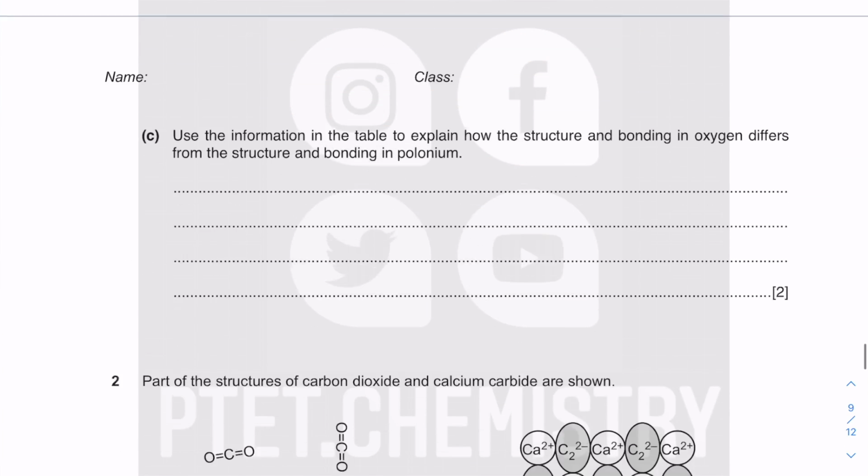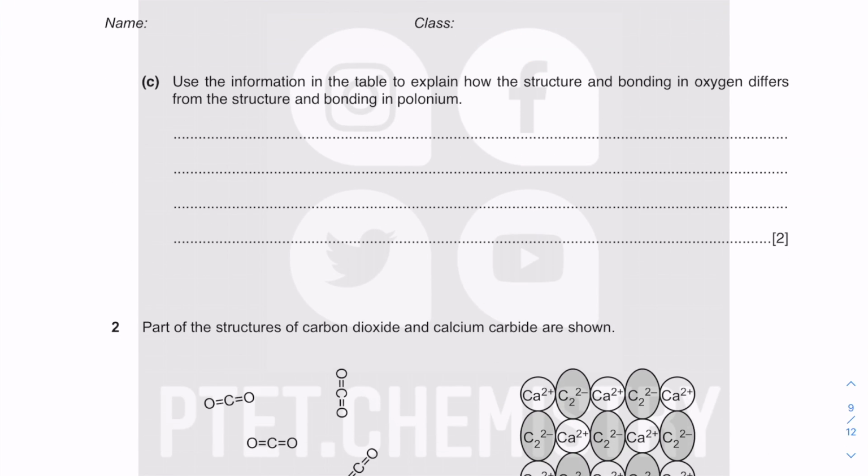Okay. Next question. So again, use the information in the table to explain how the structure and bonding in oxygen differs from structure and bonding in polonium. Okay, so oxygen is your case study. Very nice and straightforward. You know it is simple molecular. So all the properties of simple molecules apply to oxygen.